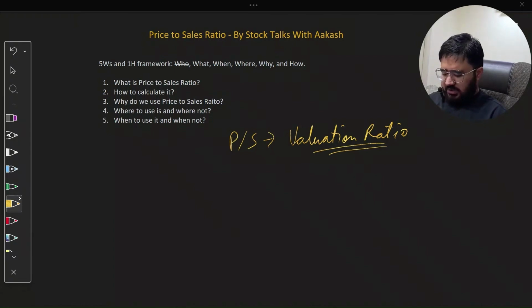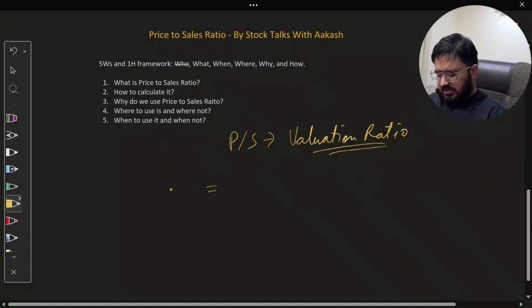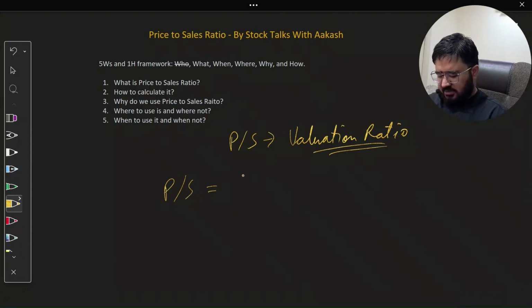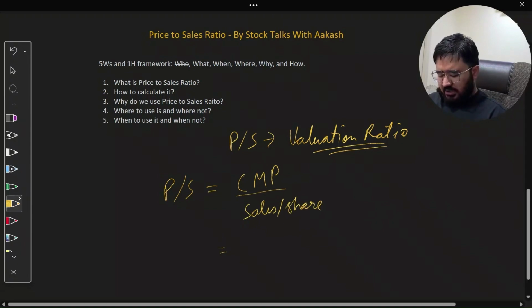So first of all, let me tell you what is price to sales. Price divided by sales. Price is nothing but current market price, and it is sales per share. How can you calculate this?